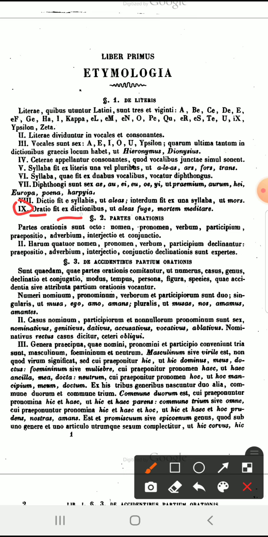Speech is made of words. So if we think of speech as a whole, the words are the parts of which the speech is made. So the parts of speech refer to words.